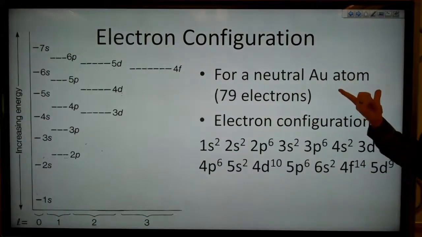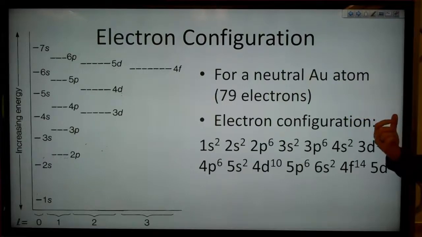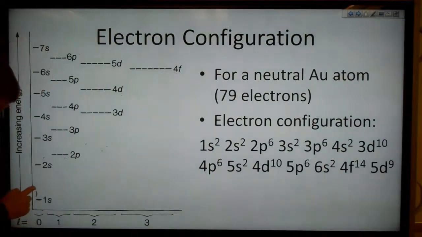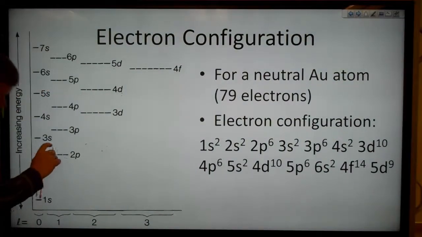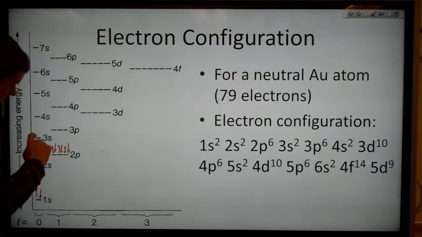So, for a neutral gold atom with 79 electrons, the electron configuration is here. I'll draw out very quickly, fill in the Aufbau diagram for the gold.